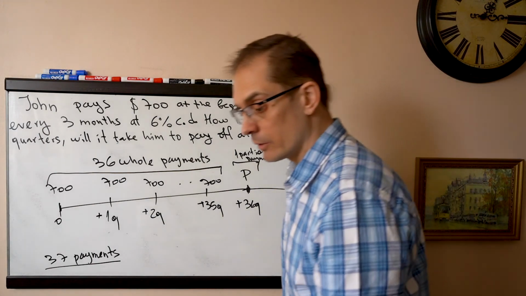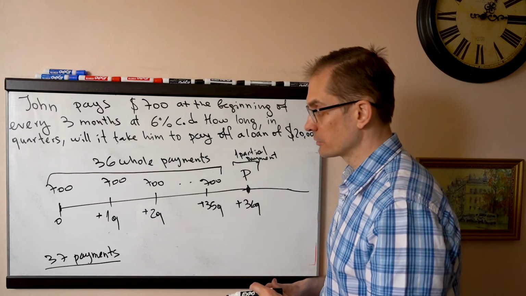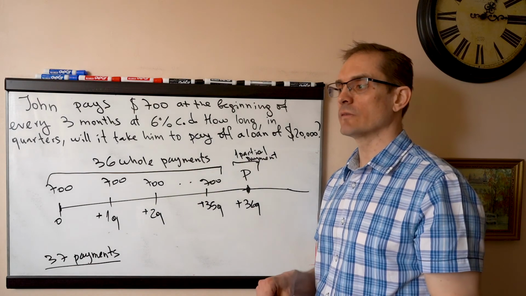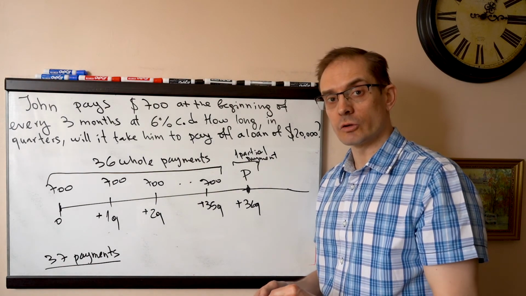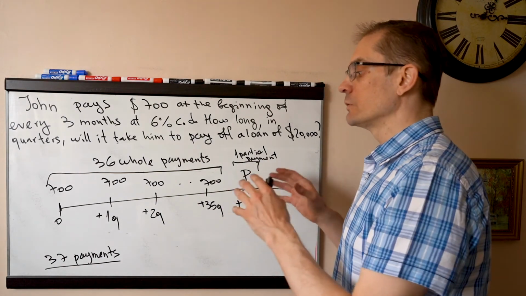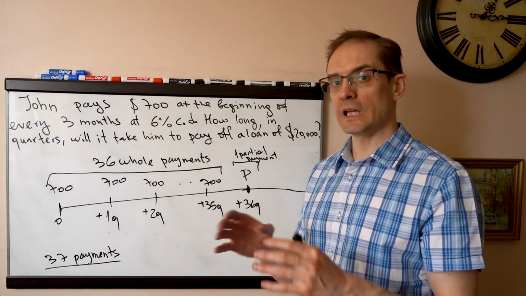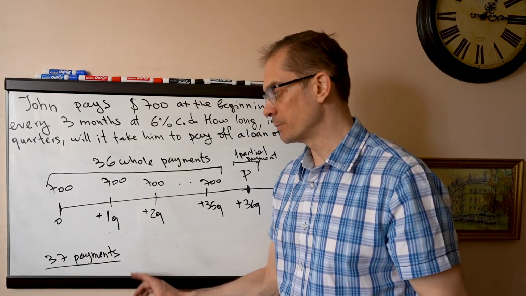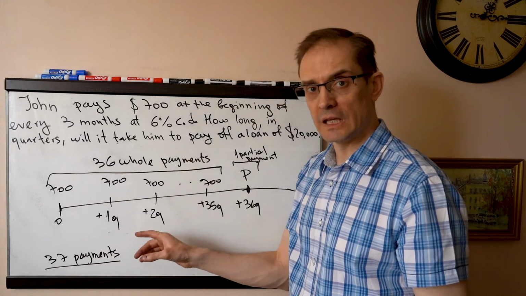So, all this long story short is to demonstrate that when you have a due annuity and a present value that you're talking about, and you find that result in terms of payments, let's say in that problem we found that it's 37 payments that John must make.